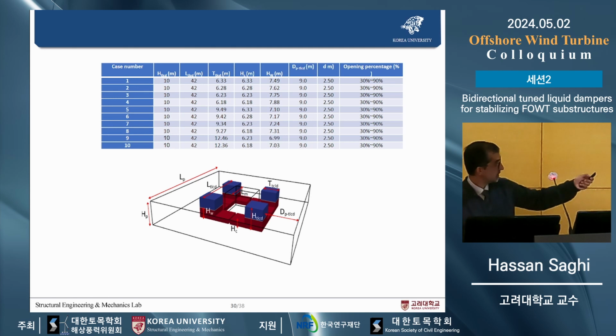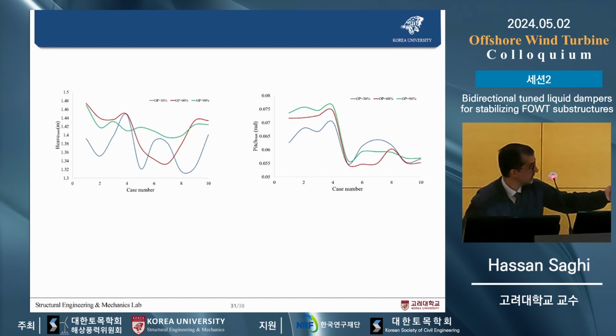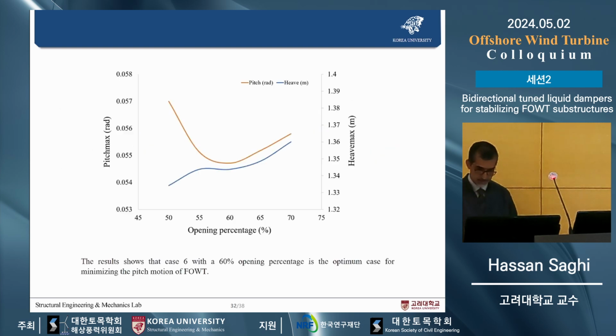So first we modeled 10 cases with different opening percentages. Here you can see OP is the opening percentage: 30%, 60%, and 90%. Based on the results in this figure, we found the optimum case, and we also did a sensitivity analysis for opening percentage. The results show that case 6 with a 60% opening percentage is the optimum case.